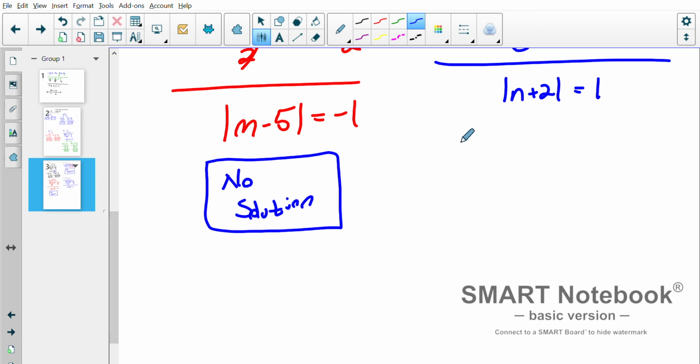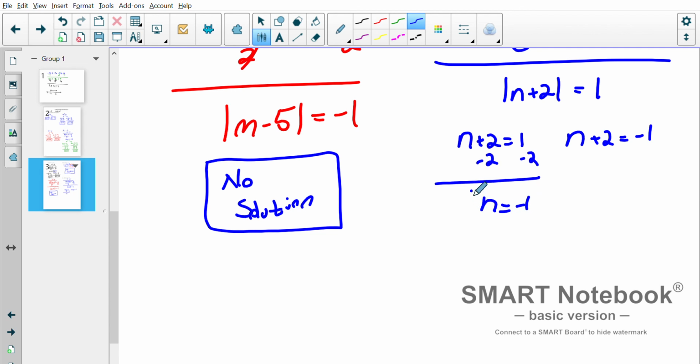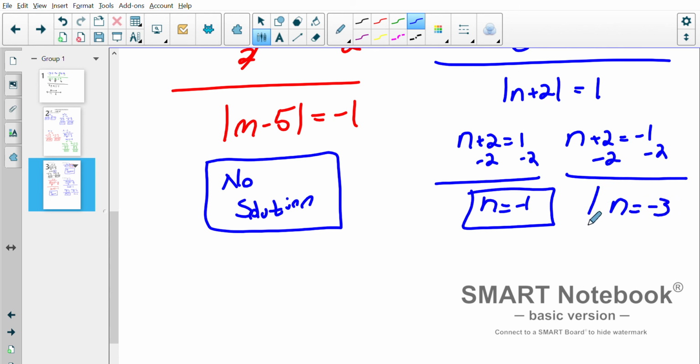Now I can split it up. n plus 2 equals 1. n plus 2 equals -1. Subtract 2 from both sides. n equals -1. Subtract 2 from both sides. n equals -3 are your two solutions.